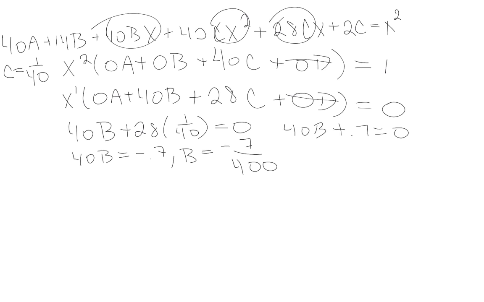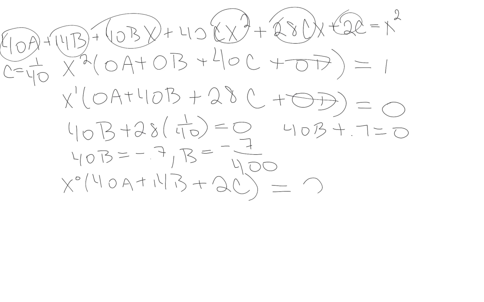So talking about x to the power 0 now. X to the power 0, and we have 40a, so 40a times x to the power 0 plus 14b, 14b that's being multiplied by x to the power 0. And then 2c. And it equals 0. There's nothing on the other side of the equal sign that is being multiplied by x to the power of 0.